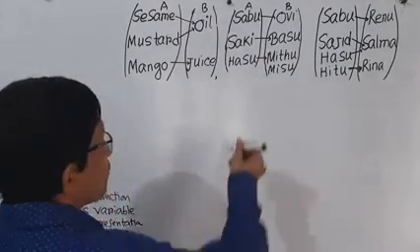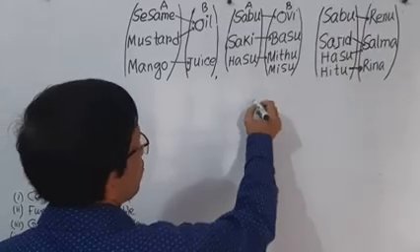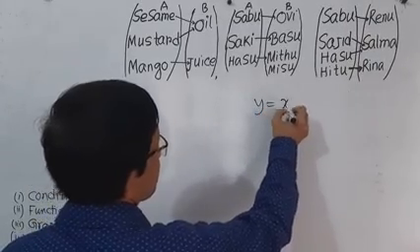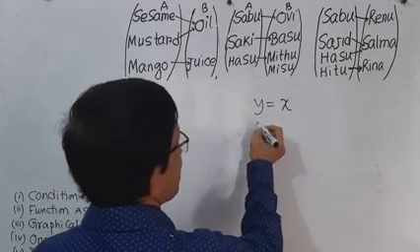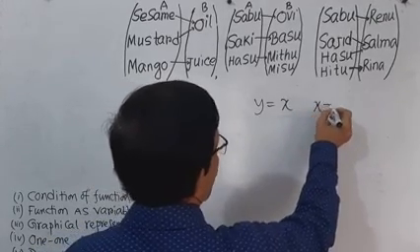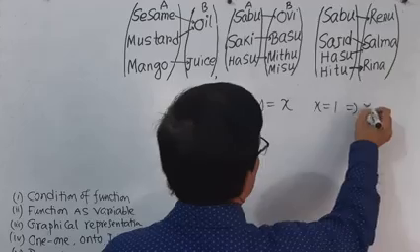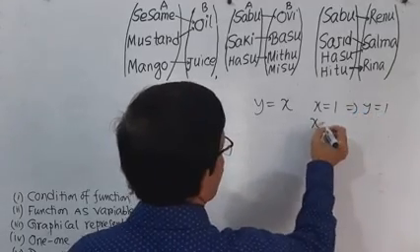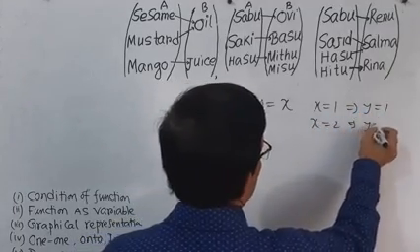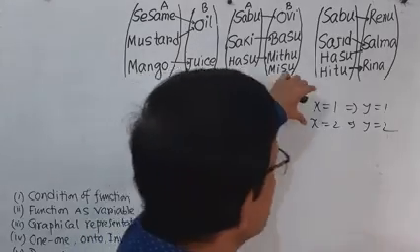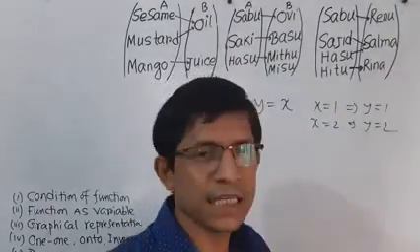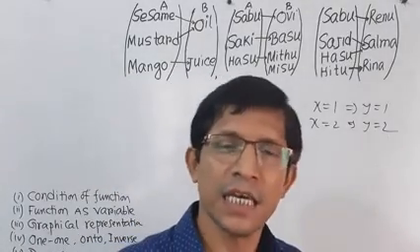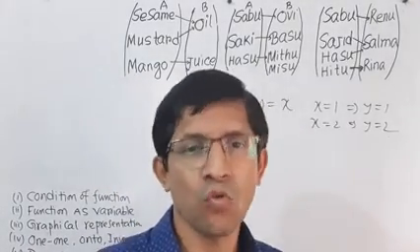Now the definition of a one-one function in terms of variables. Suppose y equal to x, then if you put different values of x, x equal to 1, you will get y equal to 1. x equal to 2, you will get y equal to 2. So different values of x, but we get different images, that means different values of y.